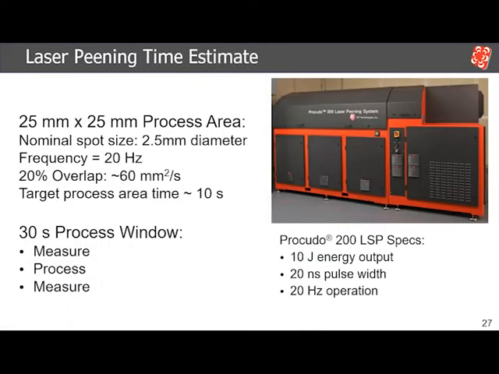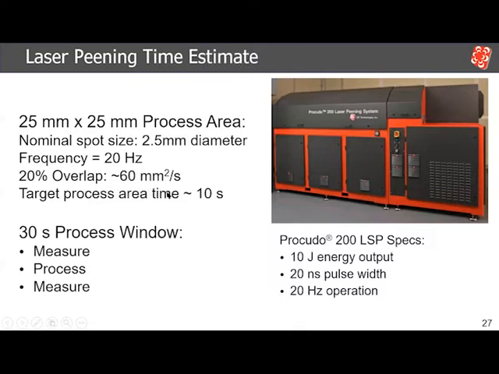Just to give an idea, how long does it take to do this type of operation? If we're looking at our 1 inch treatment area, basically a 25 by 25 millimeter square, using our Procudo 200 laser peening system, this is only going to take about 10 seconds.